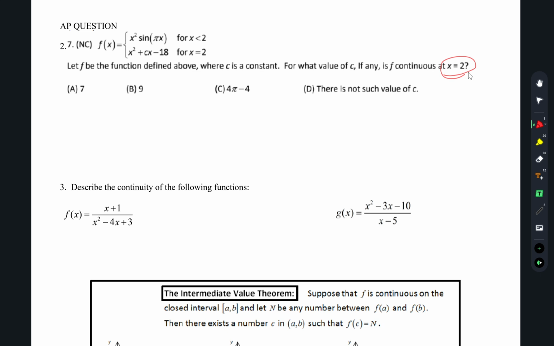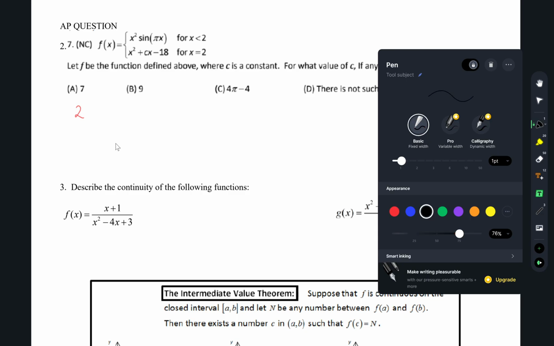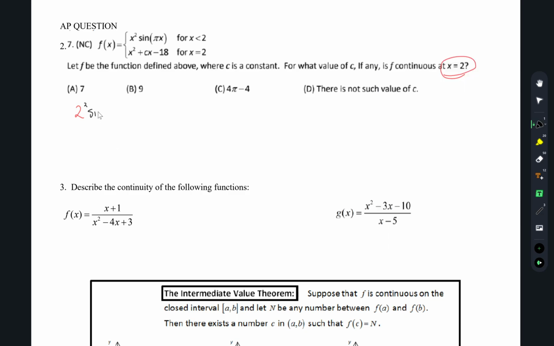So for it to be continuous, we want these two to equal each other. What you're going to do is plug 2 in for x, because it says x equals 2. So you go 2 squared sine pi times 2 equals 2 squared plus c. It'll be fine because now we can do algebra for it.